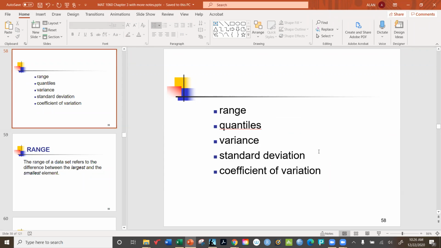Now, by the way, if you've noticed, it's been a while since we had a formula. The range is just a procedure. The quantiles, rather, are just a procedure. But variance and standard deviation have actual formulas again, and we need to do one each for samples and populations. So we're going to start next with the sample variance.